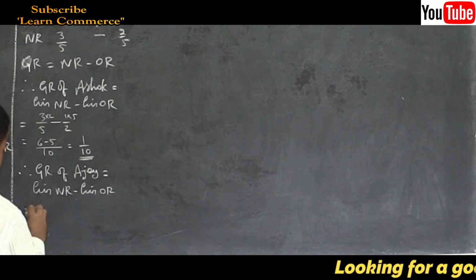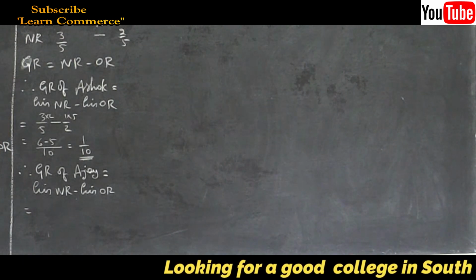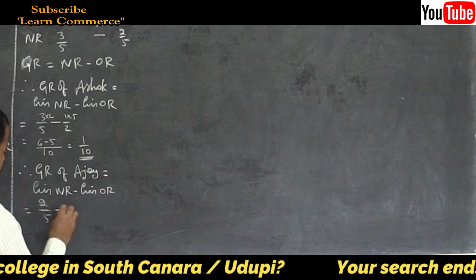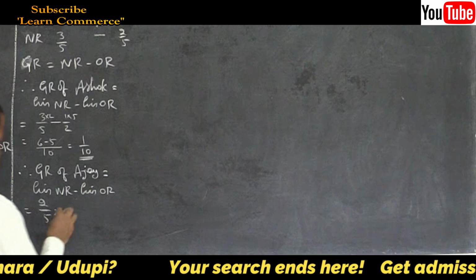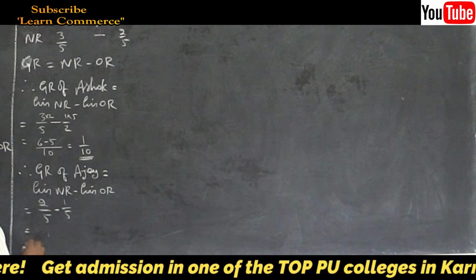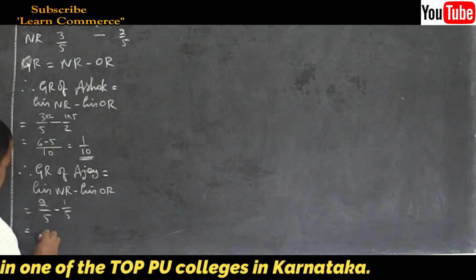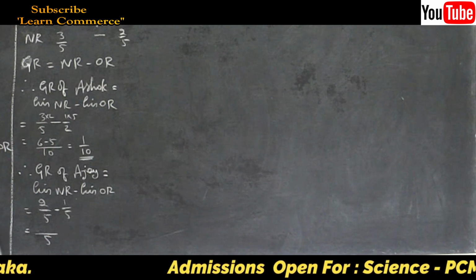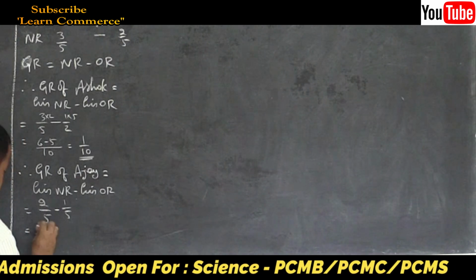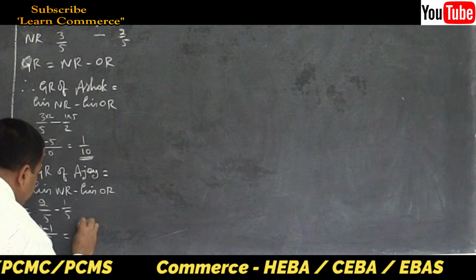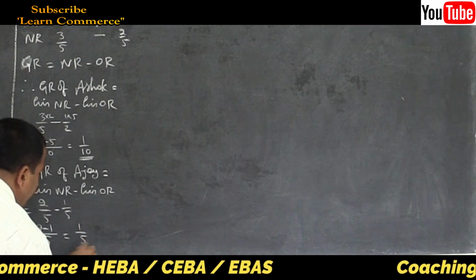Substitute the figures: new ratio 2 by 5 minus his old ratio was 1 by 5. 5 is the common denominator, divisible by both the numbers, right? So 2 minus 1, no need of multiplication here, is equal to 1 by 5.